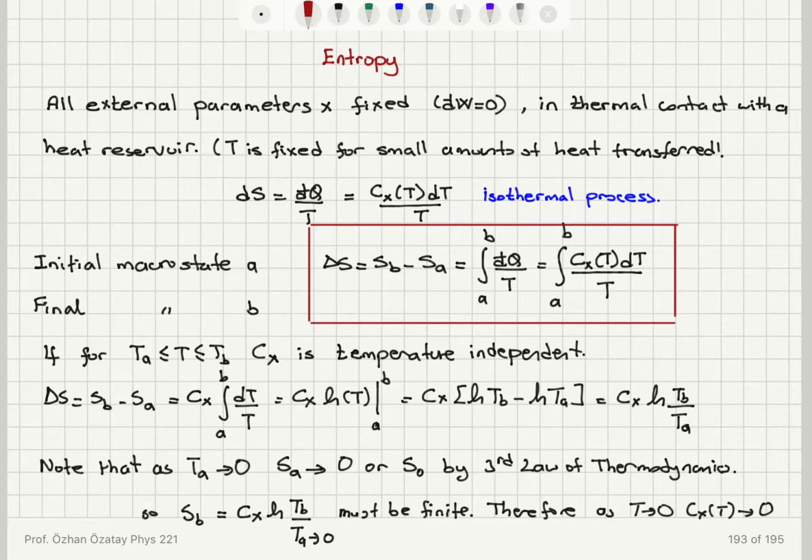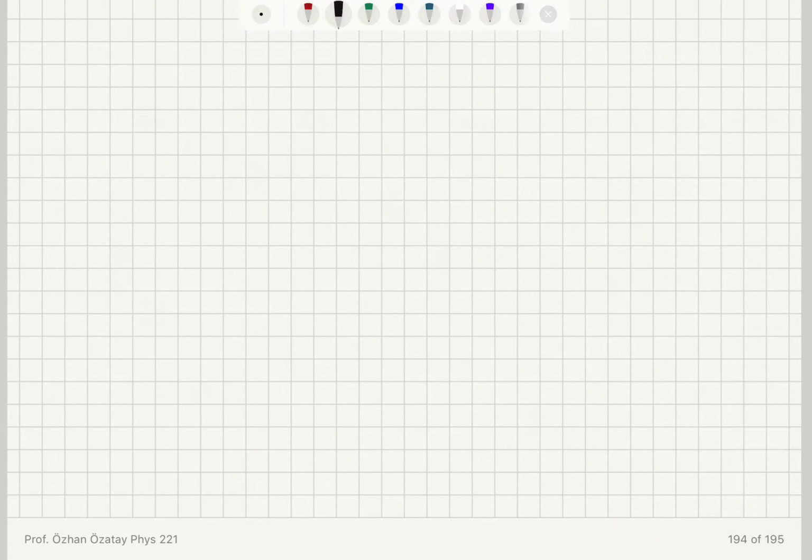So this is the general behavior we should observe in all macroscopic systems. This is a general property of any substance that we are dealing with. Its heat capacity must be decreasing, going to 0 as the absolute temperature goes to 0.